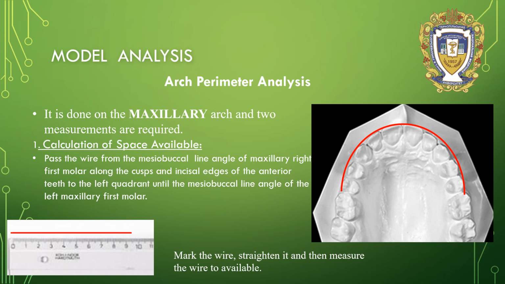Then we need to mark the wire, straighten it, and then measure the wire to get the space available. It was the first measure.